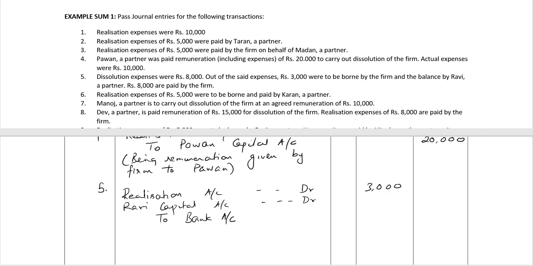For 5,000 rupees borne by Ravi, paid by firm, we will debit Ravi's capital account. And 8,000 rupees has been paid by the firm, we will credit bank account in the books of the firm. So, being expenses borne by firm and Ravi and paid by firm.